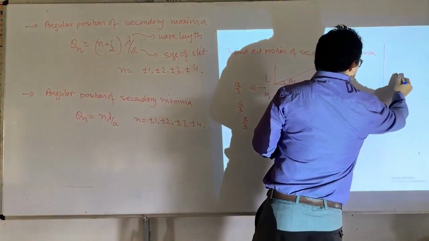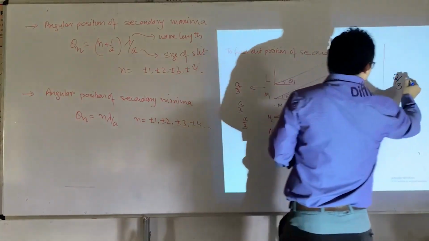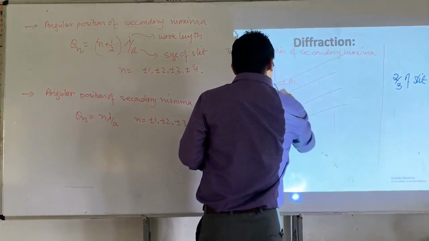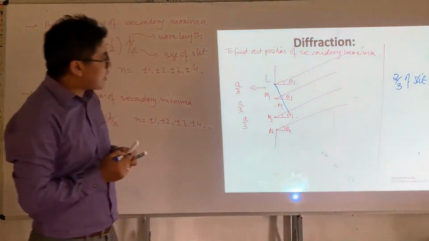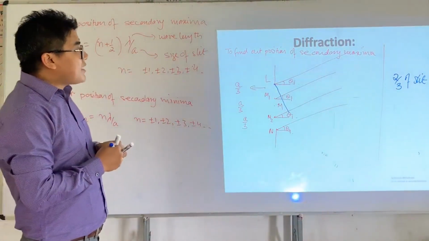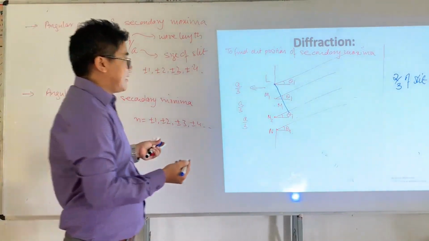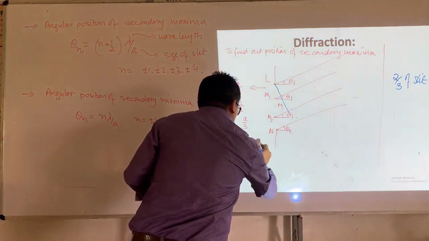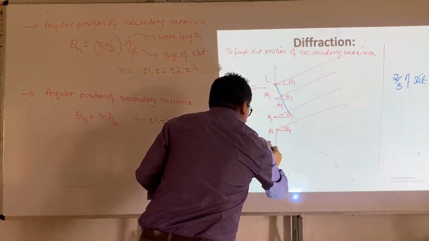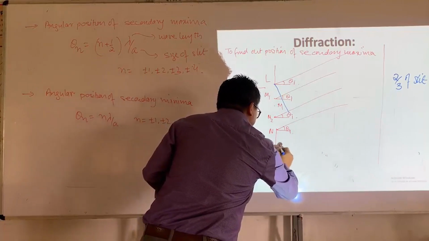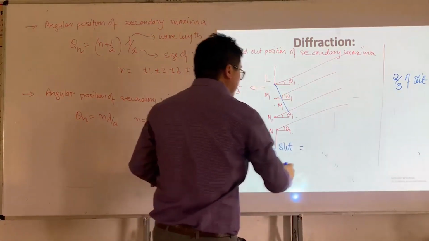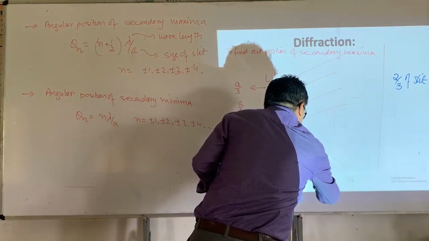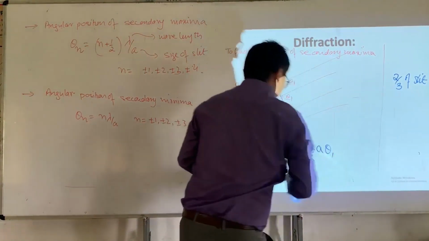Then I take 2/3 of the slit. What is the path difference for 2/3 of the slit? The path difference would be equal to 2/3 a sin theta 1.